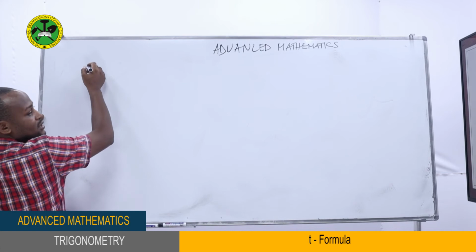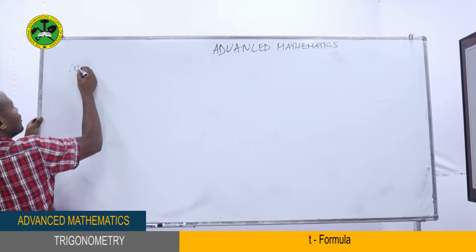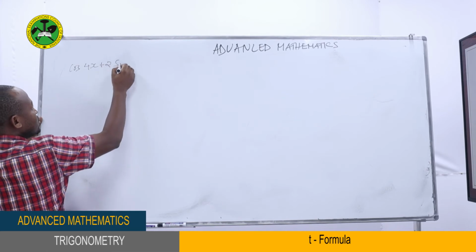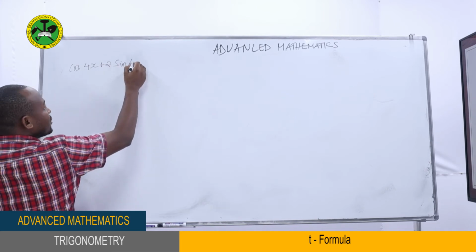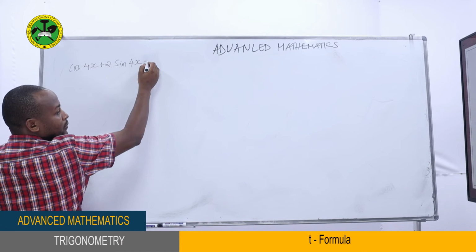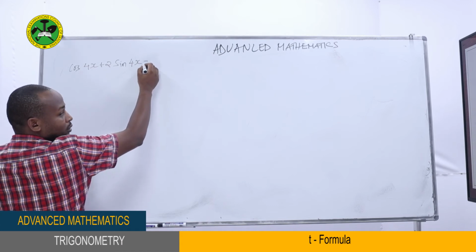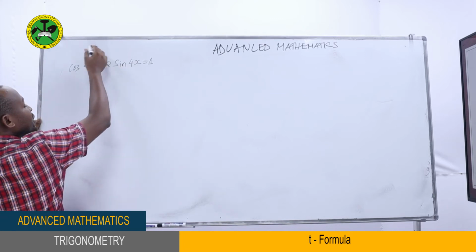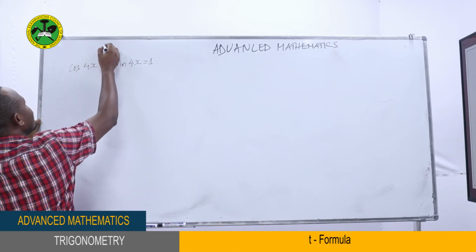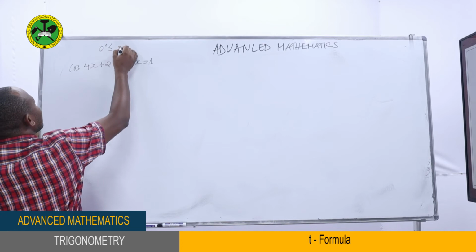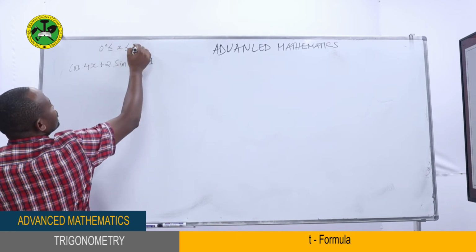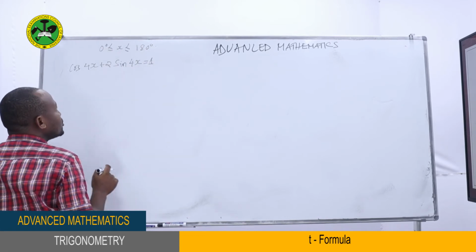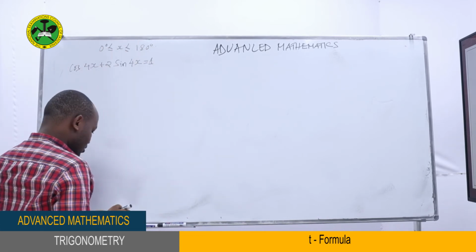So the equation tells us that we have cos 4x + 2 sin 4x = 1. And remember that we've been told that the angle should lie in that range, between the two, and 0 and 180 are also included.